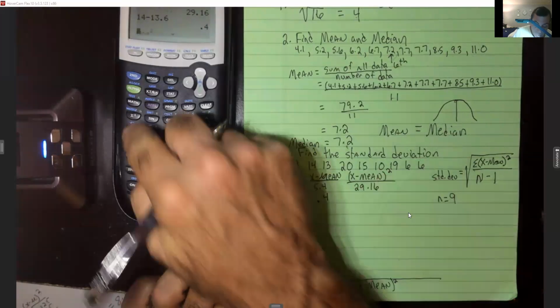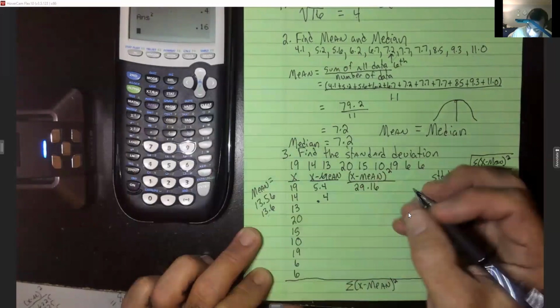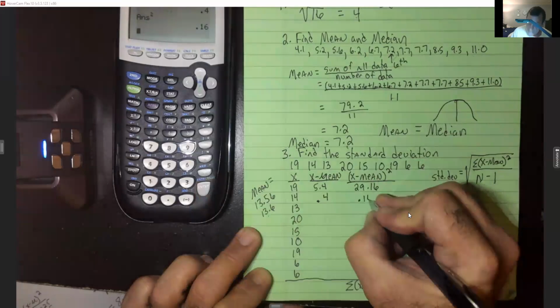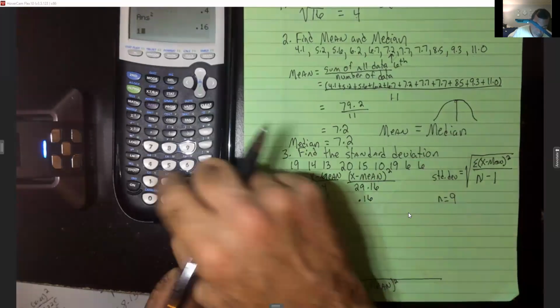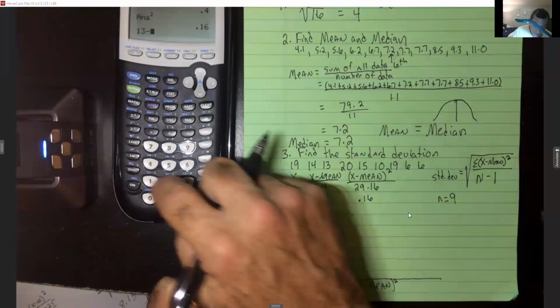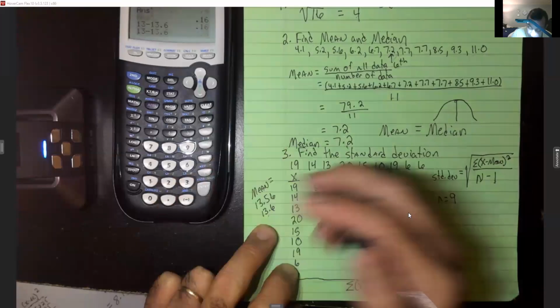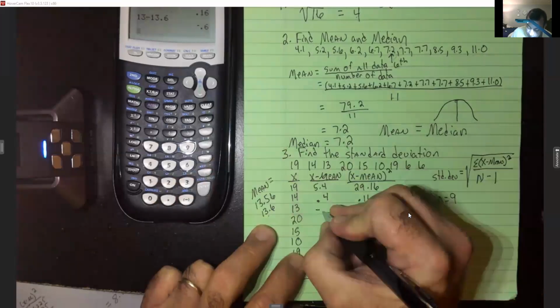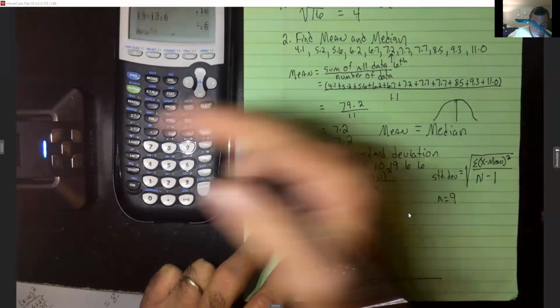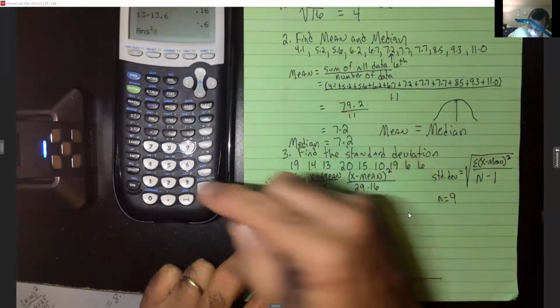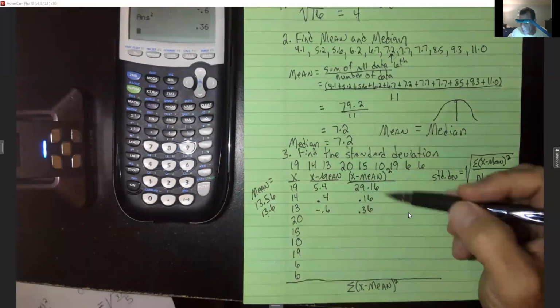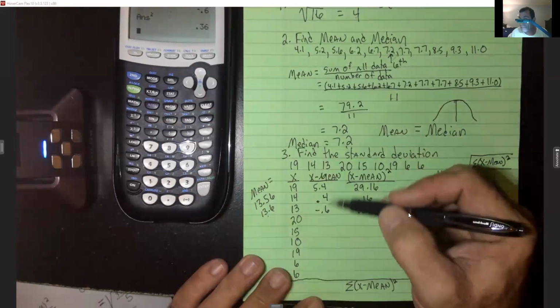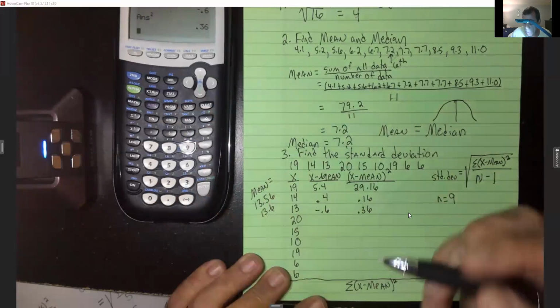If I square the 0.4, I get 0.16. All right, same thing here. I do 13 minus 13.6. I get a negative 0.6. But when you square a negative 0.6, you get a 0.36. So see how squaring them turns all these numbers into positive numbers? So that's why we square them.